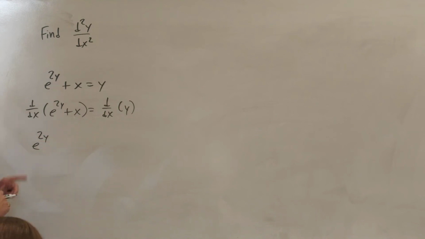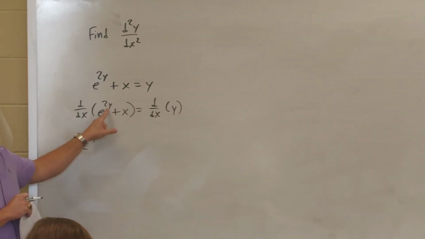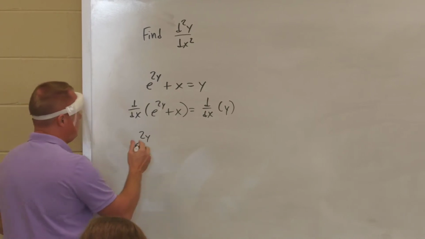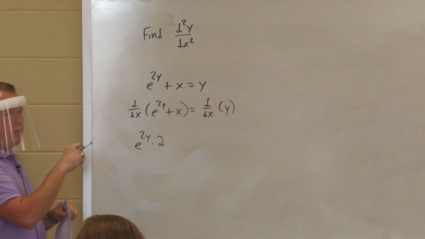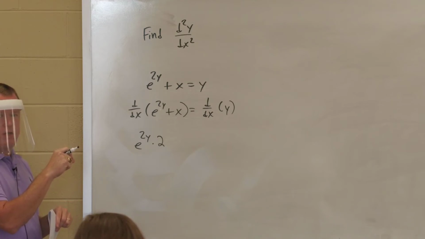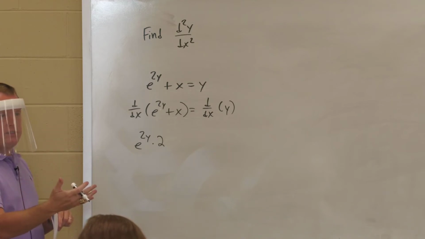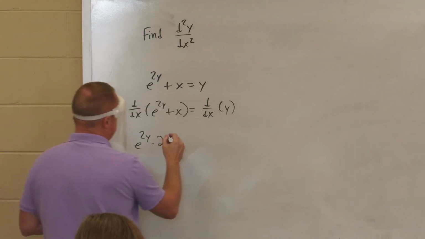So e to the 2y. But then I've got to multiply that by the chain rule by the derivative of the inside function there, which is 2y. So the derivative of 2y would be 2, but then I've got y in there as well, so I also need to multiply by dy/dx.